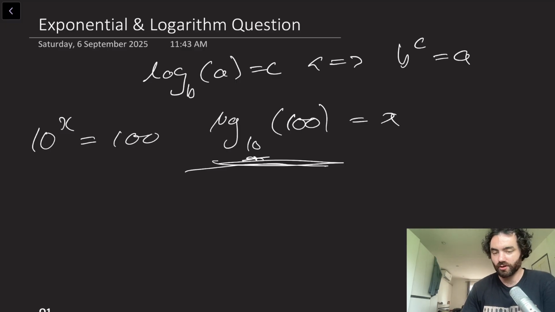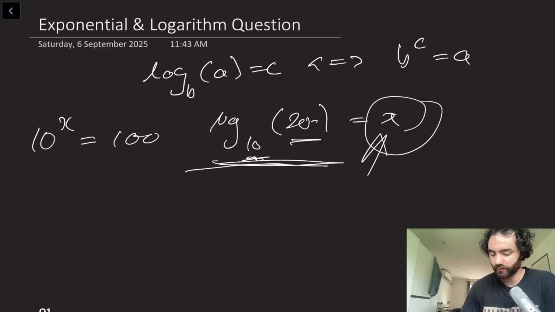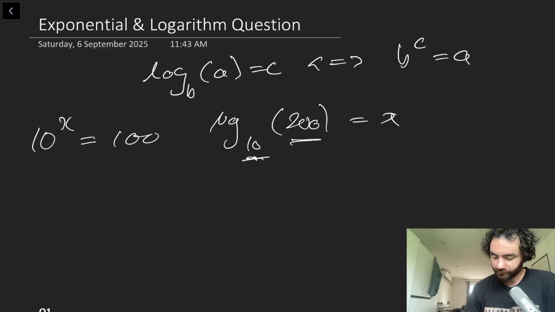It's actually a very complicated thing, but in terms of what you have to know, that's all you really need to know. By taking the log to the base 10 of 100, you're asking 10 to the power of what value equals 100? Or if it was 200, 10 to the power of what value gives you 200? And as we'll see in the future, that's why, I'll say it later.